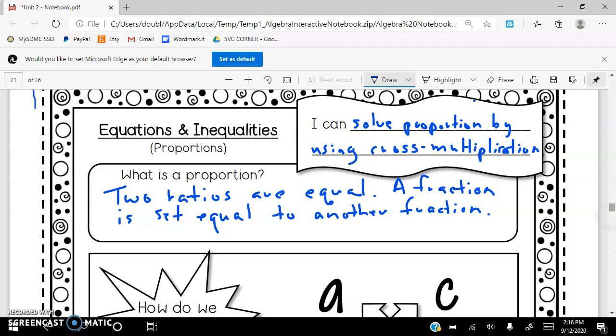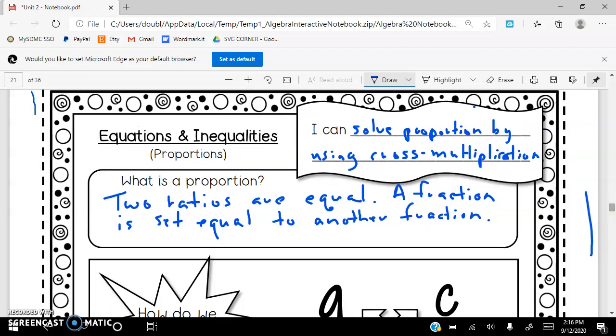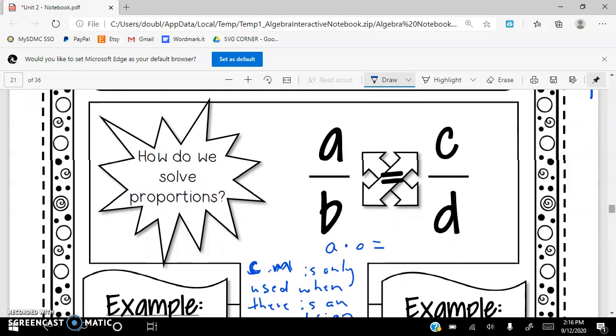If I'm going too fast, make sure you press pause. I tend to go fast.